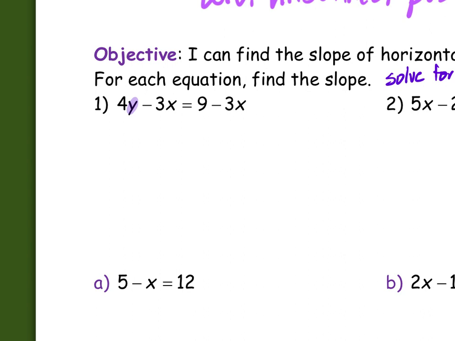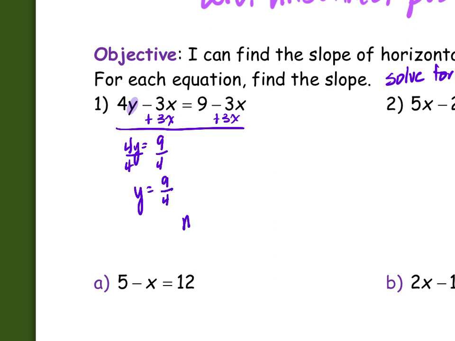I've got to get the y by itself. So I'm going to add 3x to both sides, and I get 4y equals 9. Divide by 4, and y equals 9/4.